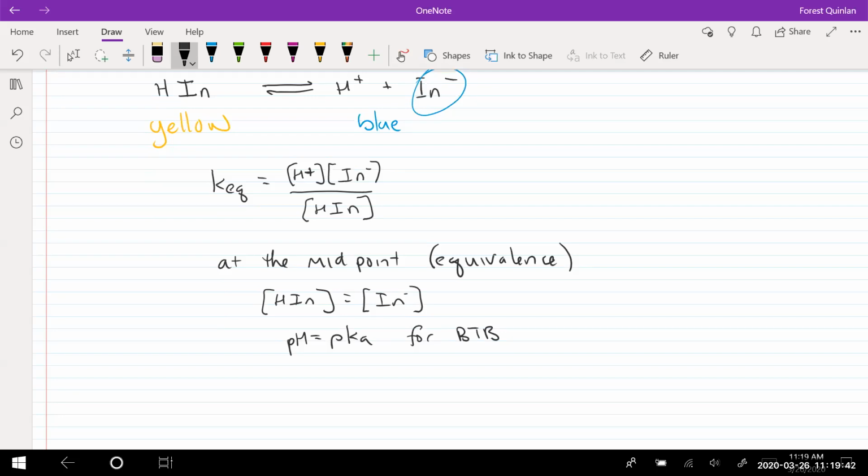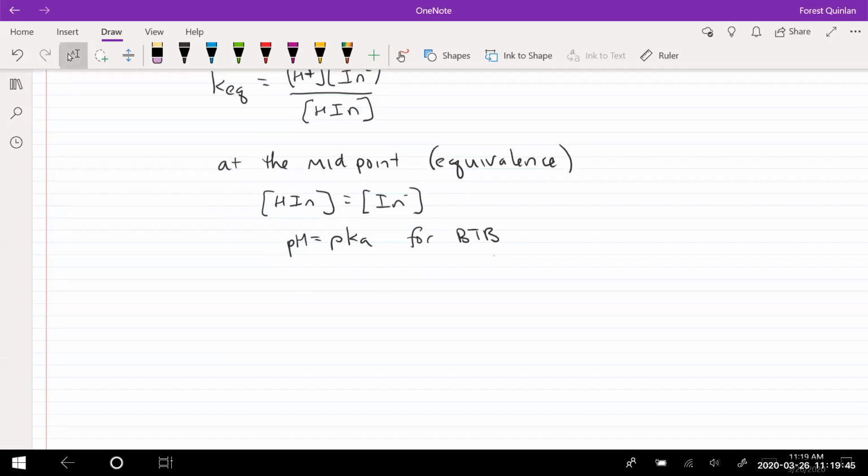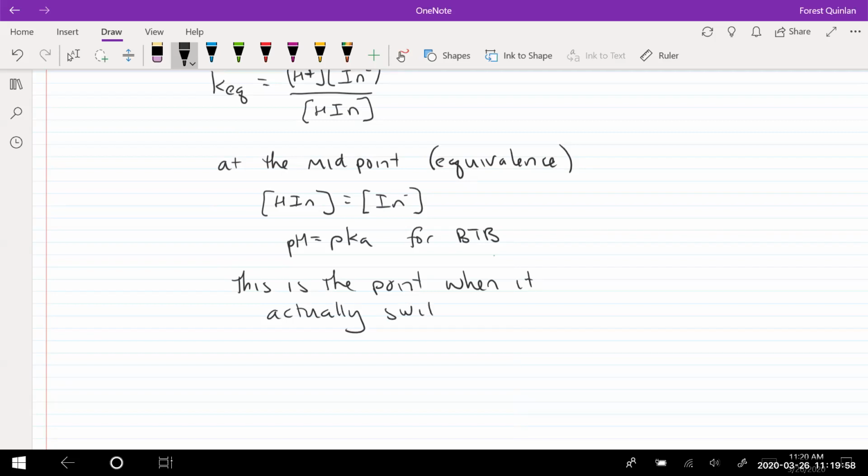Now, this is actually the point when it actually switches from one color to another. Indicators switch at pH equals their pKa. And it turns out for bromothymol blue, it's actually right around 10 to the minus 7, or the pH is 7.